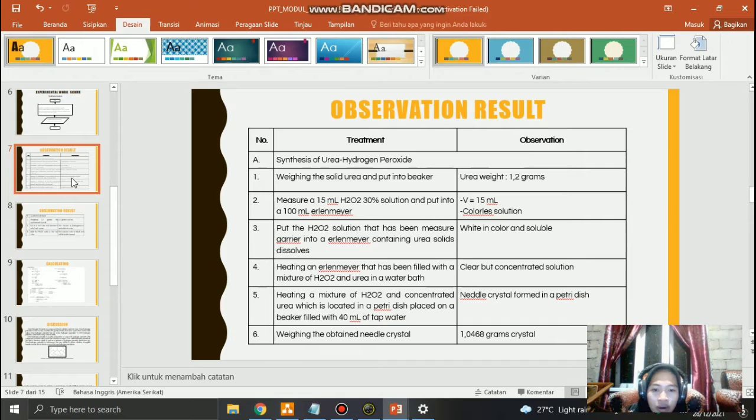Heat the mixture of H2O2 and concentrated urea in a petri dish placed on a beaker filled with 40 ml of hot water. Observation: little crystal formed in the petri dish. Treatment 6. Weigh the obtained little crystal. Observation: 1.0468 grams of crystal.